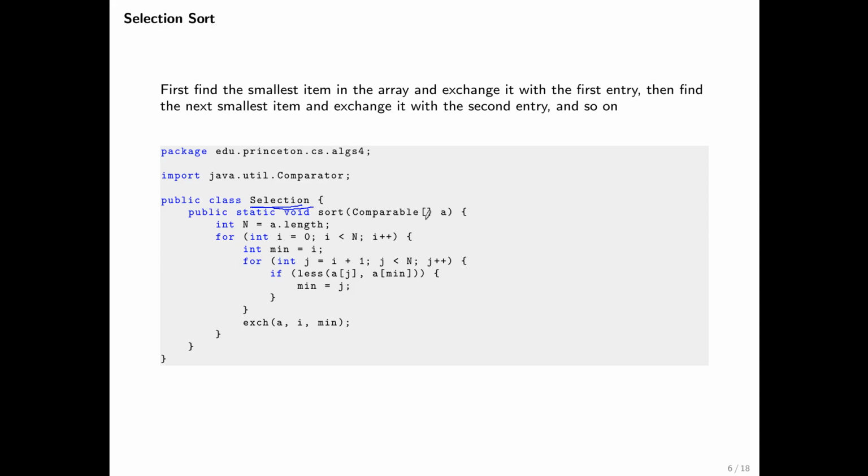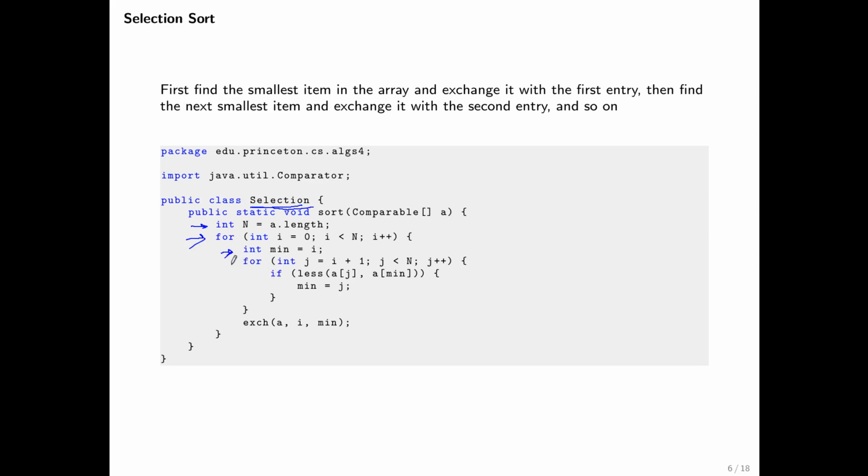The method is sort. It's given an array of comparables, A. We first get the size of A as capital N, and then I starts at 0 and goes all the way up to capital N in increments of 1. And then we say that the index of the smallest element, min, is I, the current value of I. So when I is 0, min is simply 0.